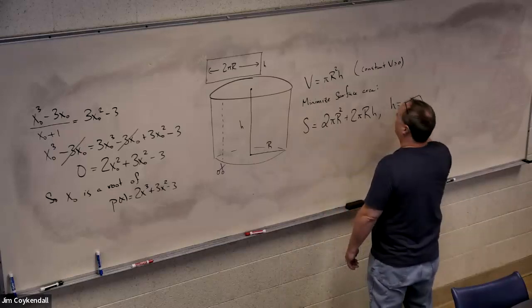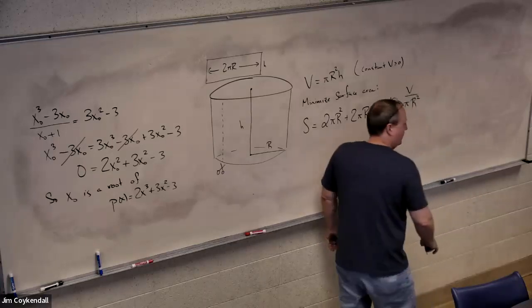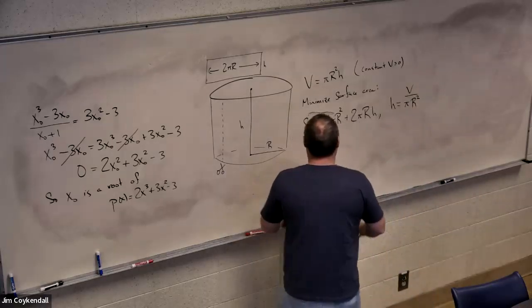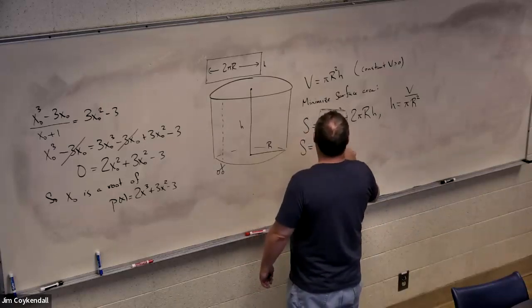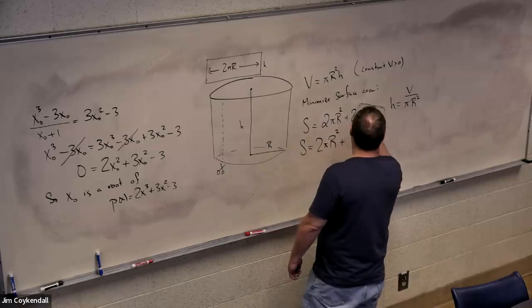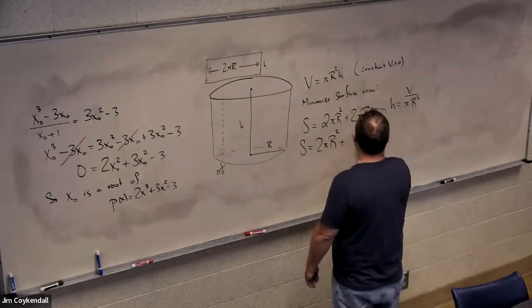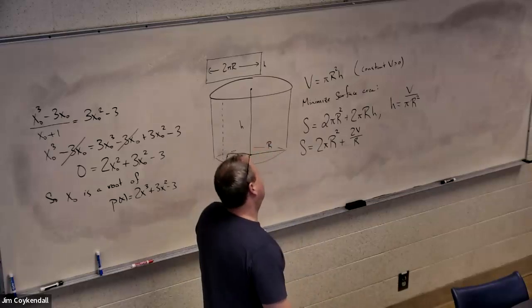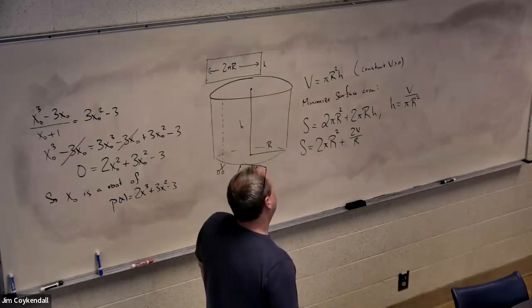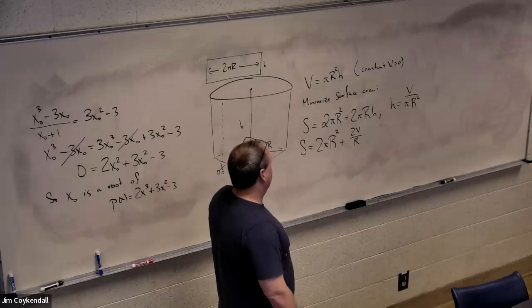So I get H is V over pi R squared. So I've got a new and improved surface area of 2 pi R squared plus 2 pi R times this, which gives me 2V over R. Everybody okay?